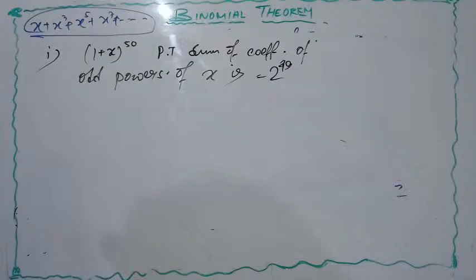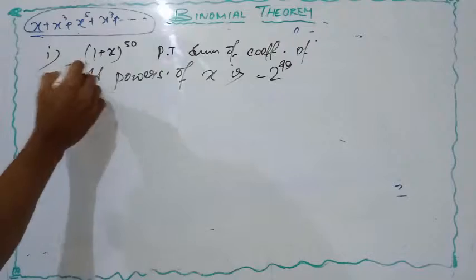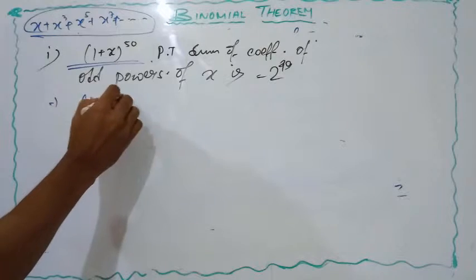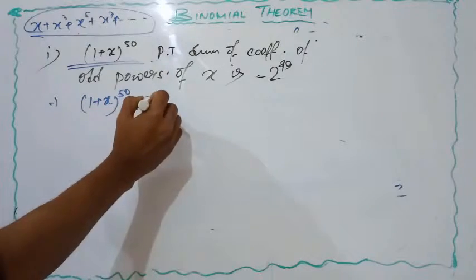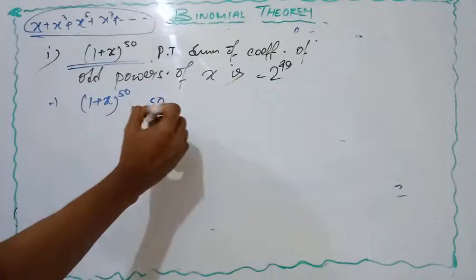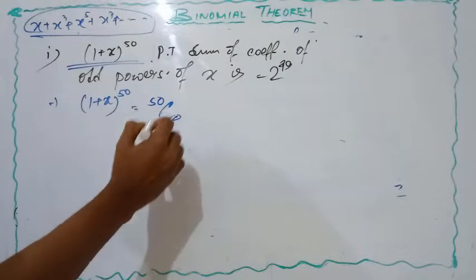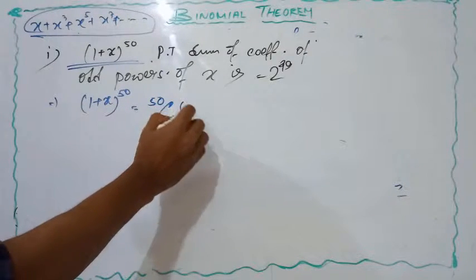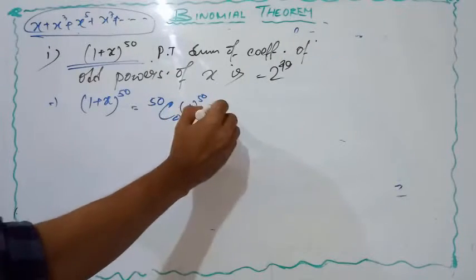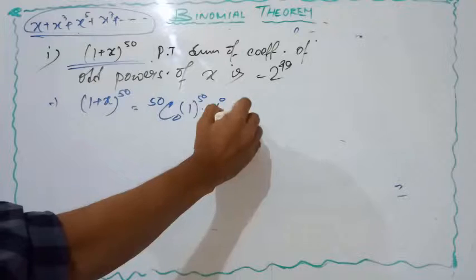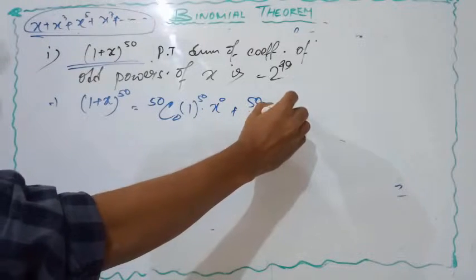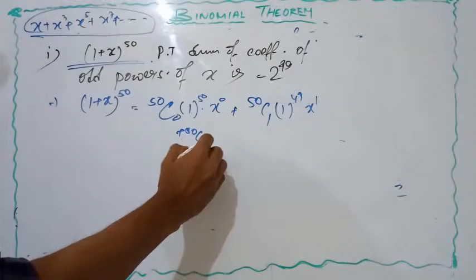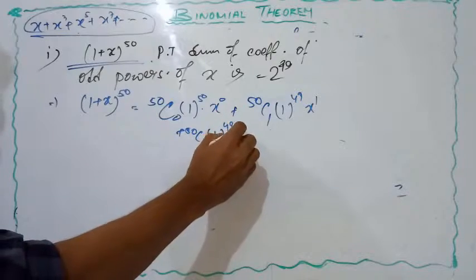Okay. So before going to how we'll get this, first of all we have to expand this expression, that is (1 plus x) whole to the power 50 is equal to nC0. Here n is 50, that is 50C0 into 1 to the power 50 into x to the power 0, plus 50C1 into 1 to the power 49 into x to the power 1, plus 50C2 into 1 to the power 48 into x square.